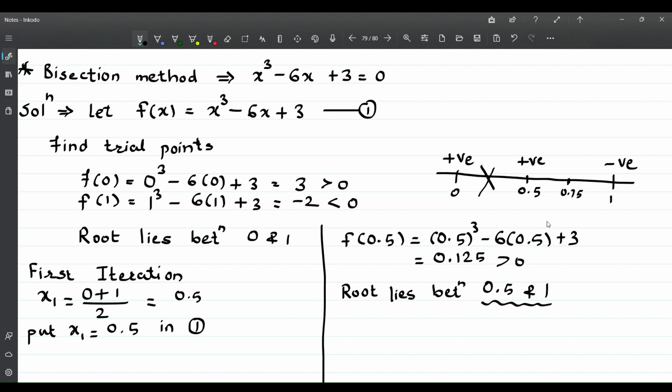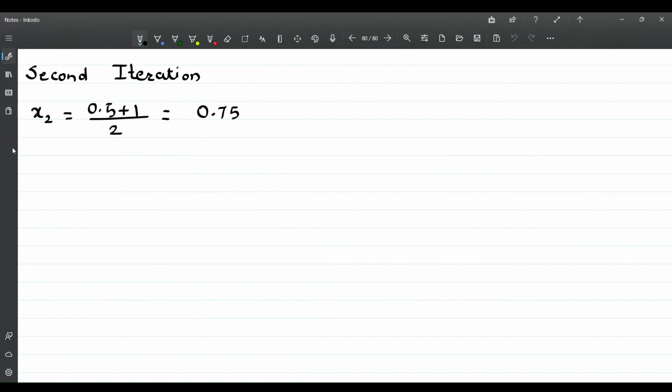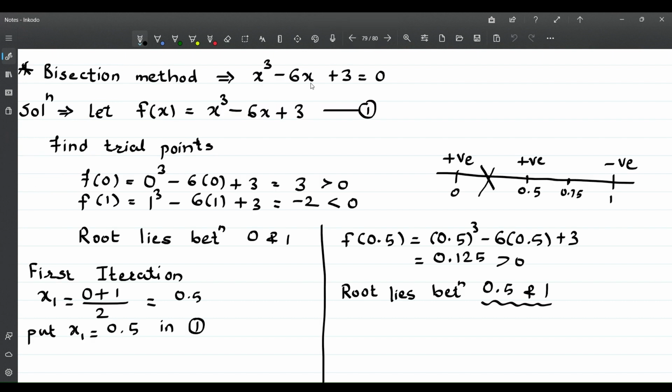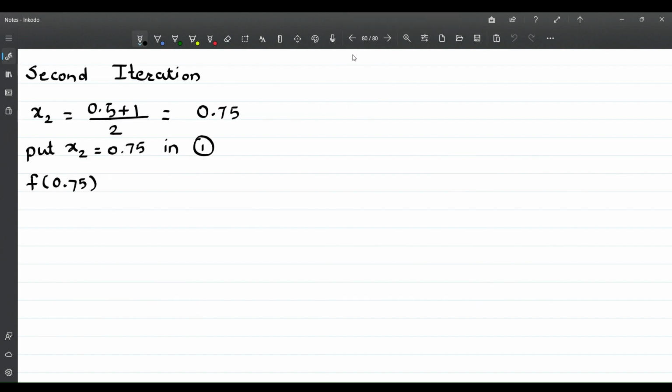Now we have to check whether the answer of this is negative or positive. For this we have to put this value in equation 1 again. So put x2 is equal to 0.75 in equation 1. Equation 1 is f of x equals x cube minus 6x plus 3.